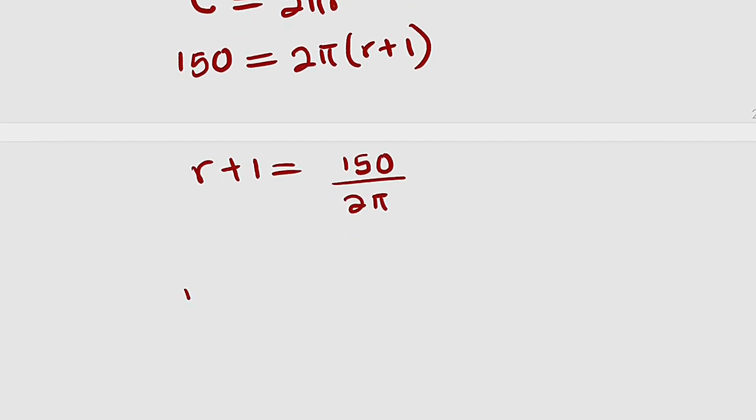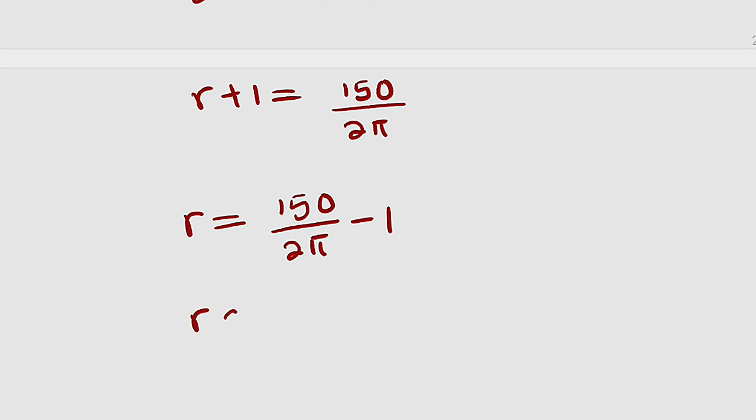Finally, the r we are looking for is equal to 150 divided by 2 pi, then minus 1 as positive 1 crosses over. So let me use my calculator to simplify everything here. 150 divided by 2 pi is roughly 23.87. Then we have to subtract 1. We have approximately 22.87.